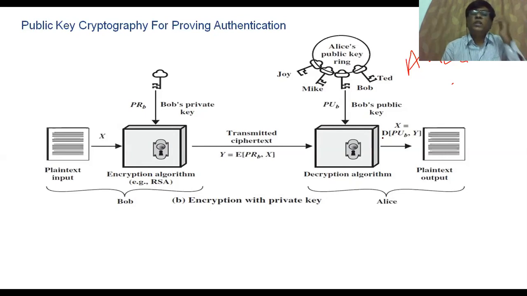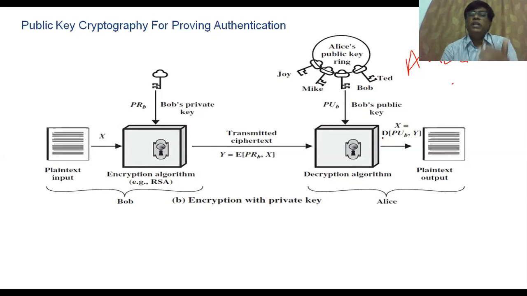Now assume Bob sends his message in a box and closes that box using his private key. He converted his plain text and sent that ciphertext to Alice. Now Alice receives a box of ciphertext. She tries to open that box using Joy's public key. It cannot be opened. Or Mike's public key, it cannot be opened.